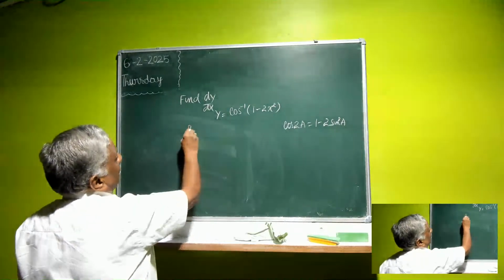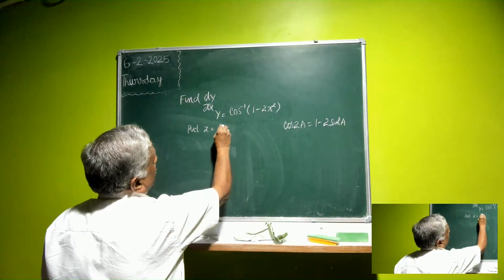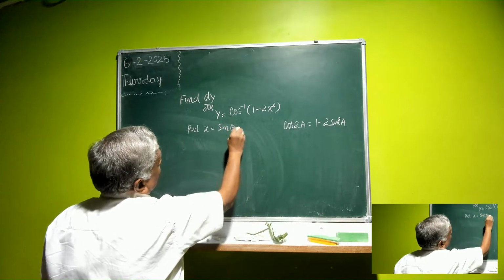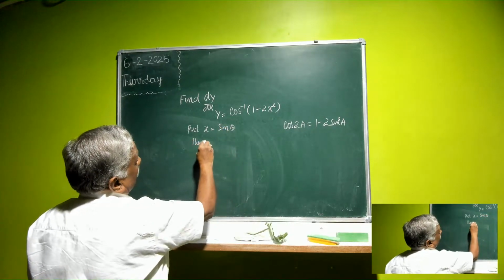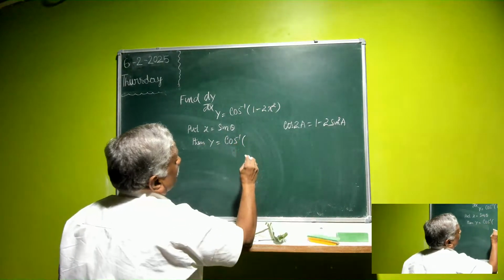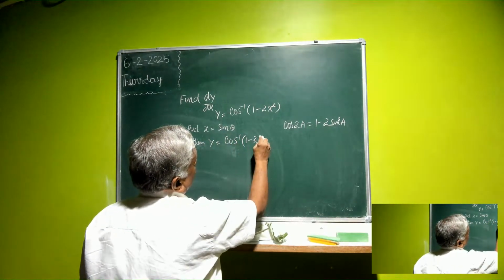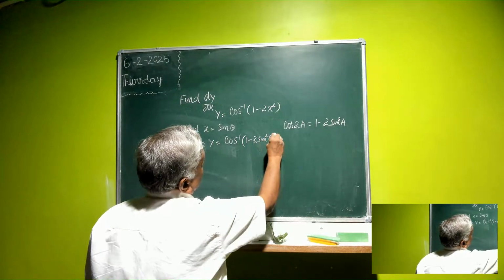So put x is equal to sin theta. Then what is y? Cos inverse of 1 minus 2 sin square theta.